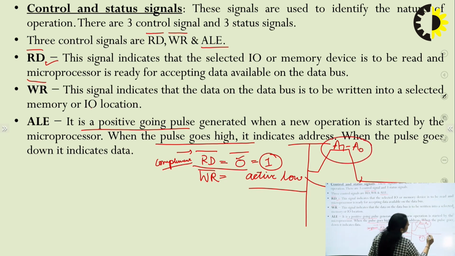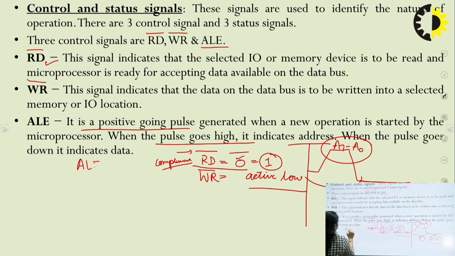And when the pin is low, the data D7 to D0 will travel. This is the difference between these two pins. So ALE is equal to 1, then A7 to A0.